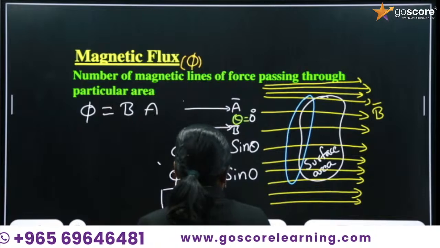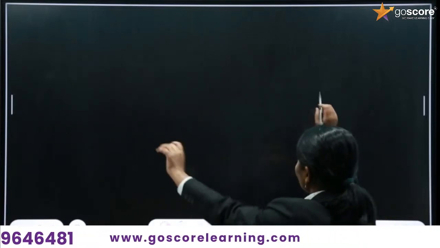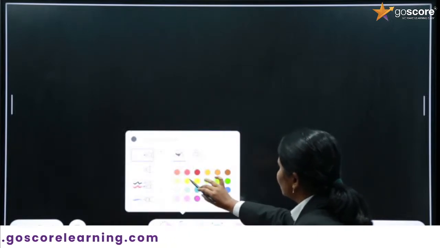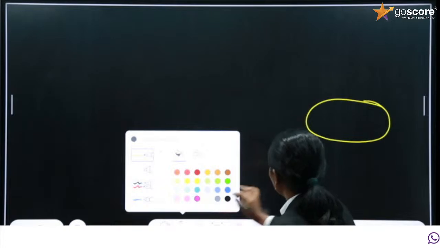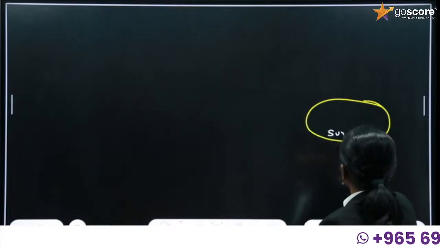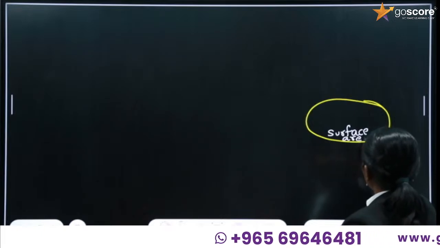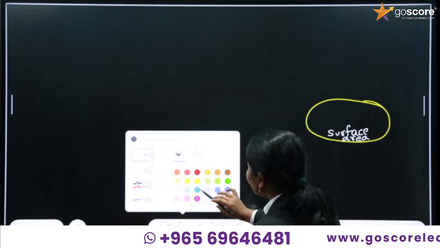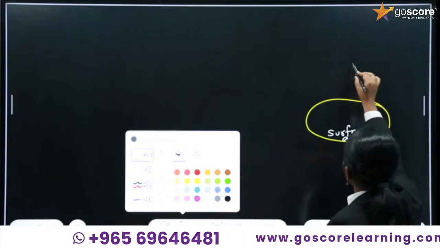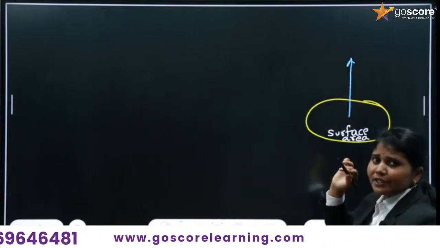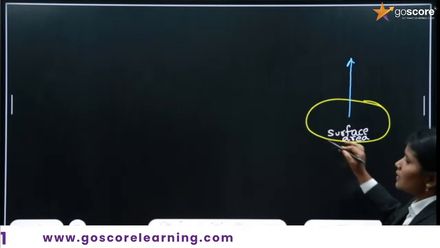Then what is the dot product? I am taking a surface area. The area vector is always perpendicular to the surface.